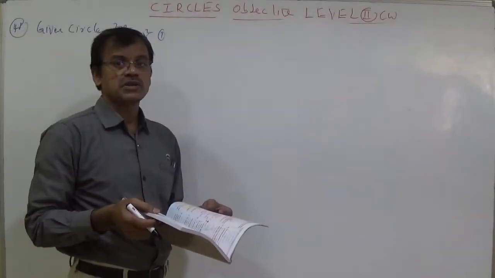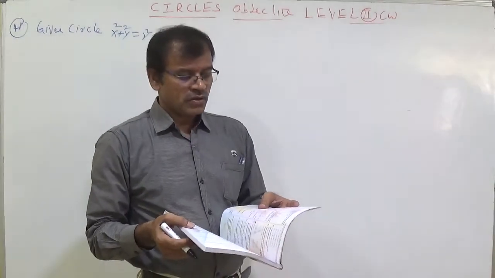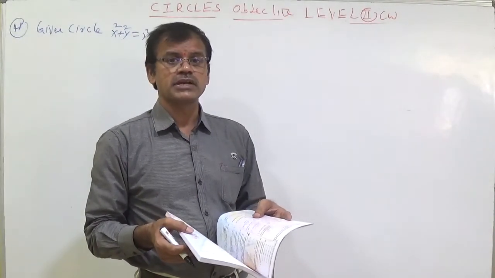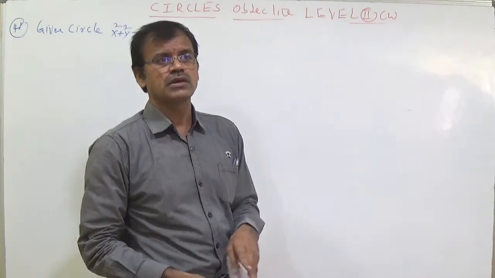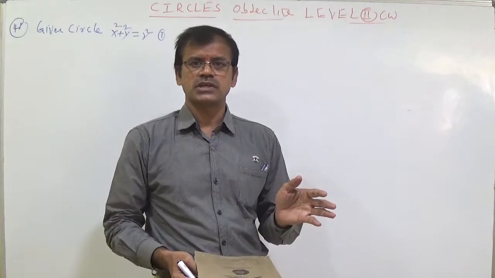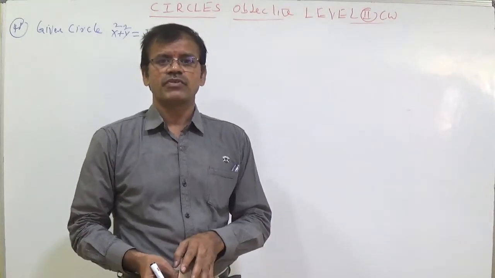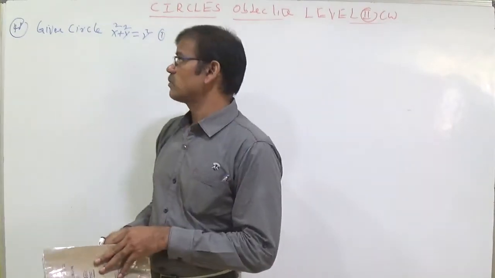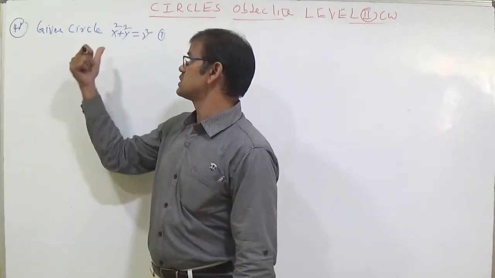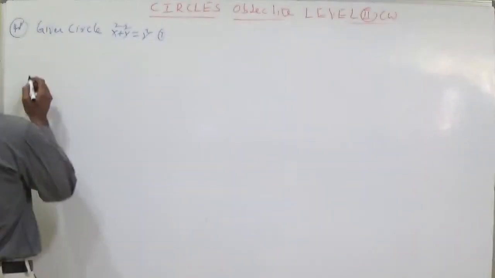Locus of point of intersection of tangents at the points whose parametric angles differ by pi by 3. So first of all, we should calculate the point of intersection of two tangents, the two tangents whose parametric points differ by pi by 3. So we can think like this: put theta equal to 0 for the first tangent and theta equal to pi by 3 for the second tangent. For the first tangent, you can use the formula x cos theta plus y sin theta is equal to r, the equation of tangent at parametric point theta.